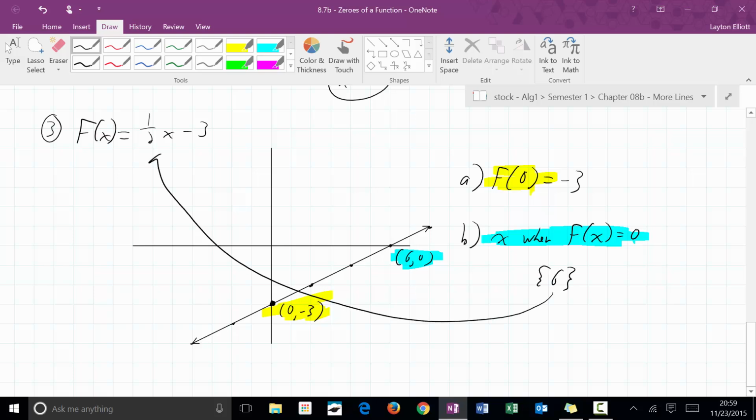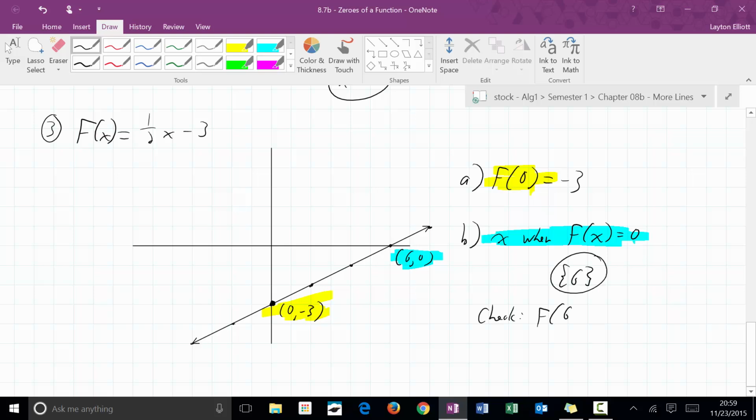If I plug 6 in up here, I get 1/2 times 6 minus 3. In fact, I should write that a little more formally. I'm going to check it by saying f of 6 equals 1/2 times 6 minus 3, which is 0. And that's a little check that I get 0 out when I plug 6 in.